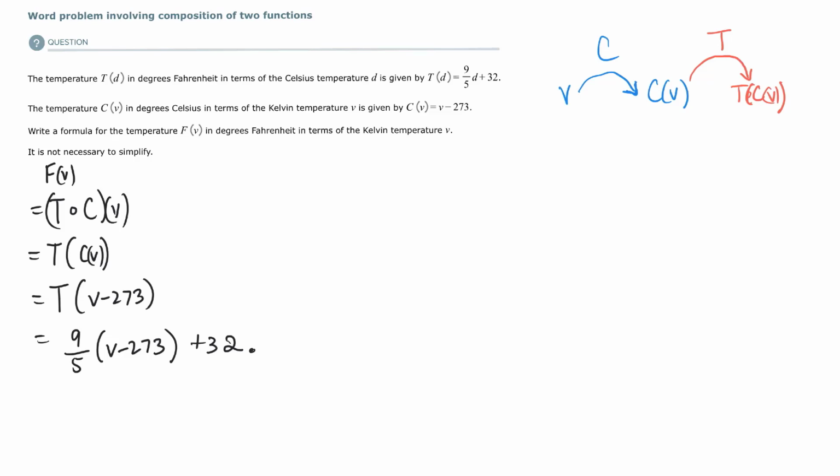It says it's not necessary to simplify, so an acceptable answer here would be, therefore, f of v is this function, 9/5 (v minus 273) plus 32.